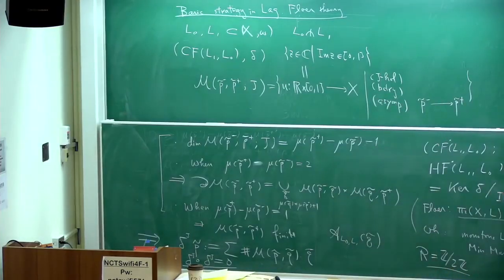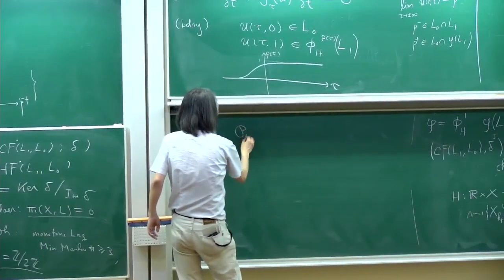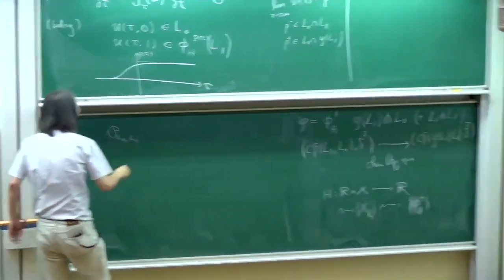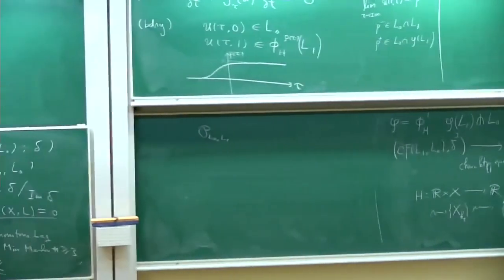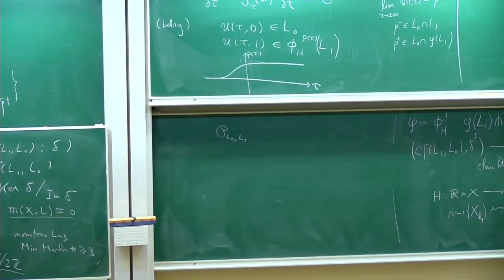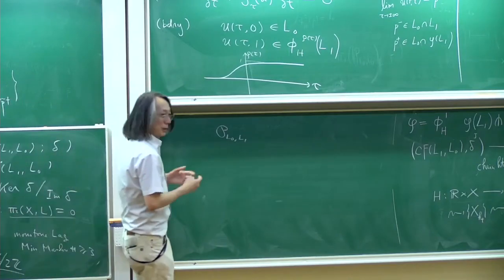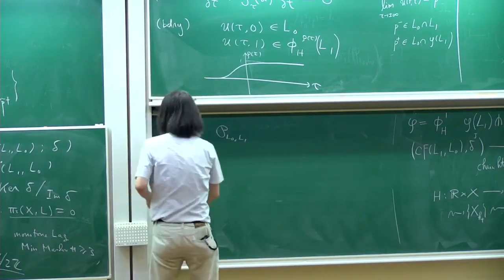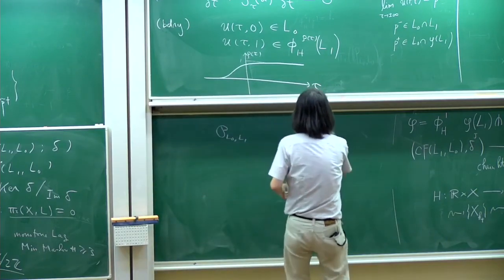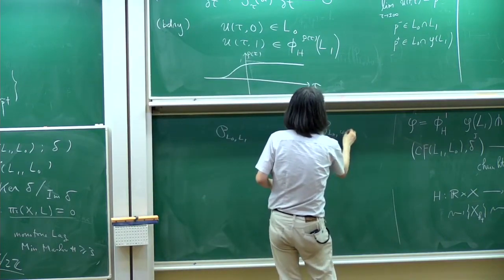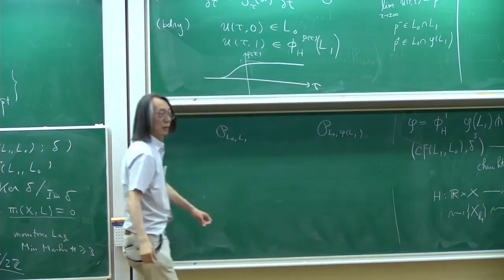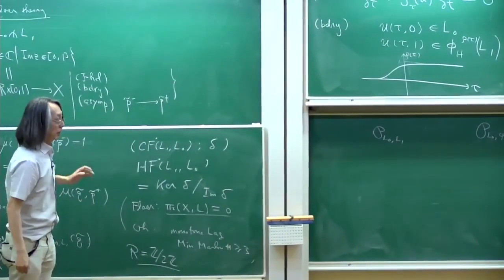So I mentioned the following. If I have the path space P of L0 and L1, and if L1 is Hamiltonian isotopic to L0, then we can identify this with the path space from L0 to L0. So now I also do the same thing. Here I have L0 and phi of L1, and we can identify them.